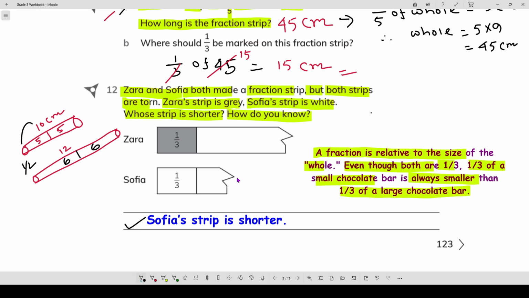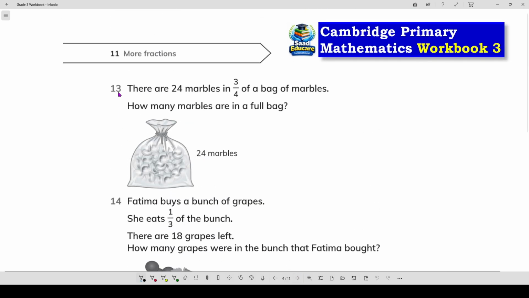So Sophia has the smaller size and Zara the larger size. Okay, so 1/3 or 1/2 of different wholes is not similar. Number 12 done.